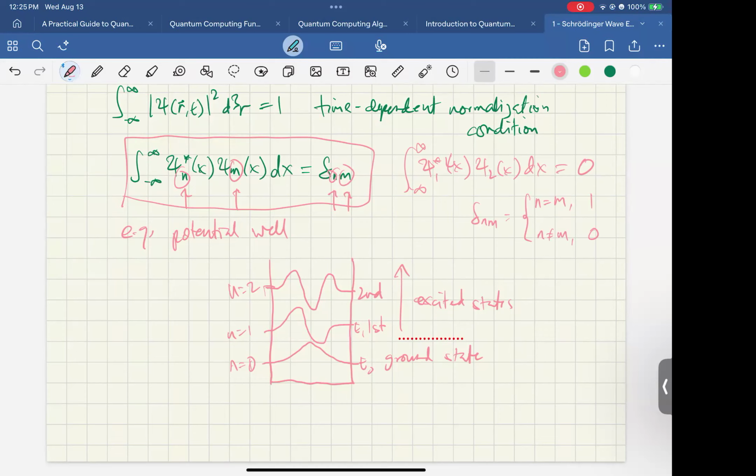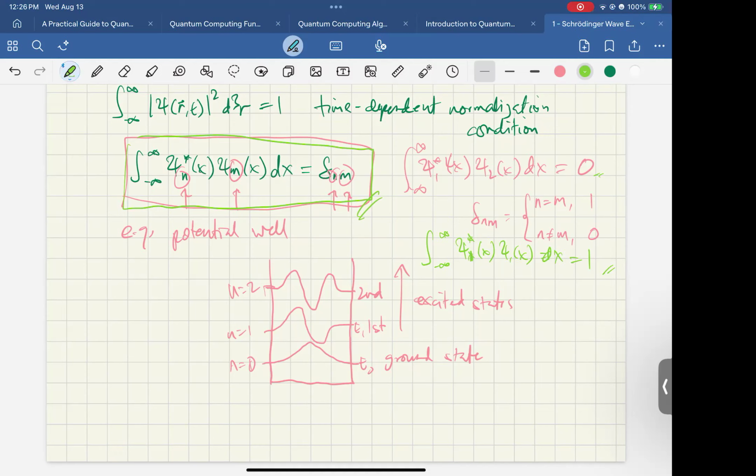But if yung integral from negative infinity to infinity, psi 1 star of x, psi 1 of x, n is equal to m, di ba? So equal yung integral na yan sa 1, according to this definition of the normalization condition. So yan yung ibig sabihin ng equation na ito, at ng mga subscripts na nakalagay dyan.